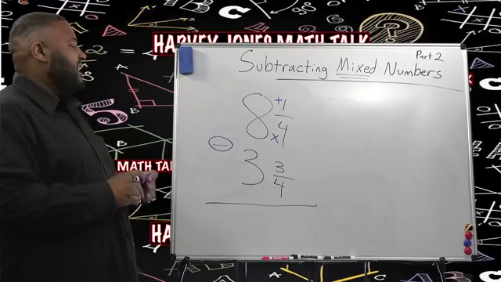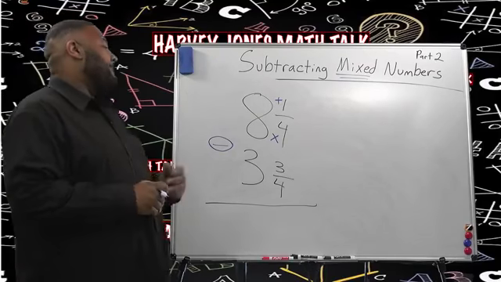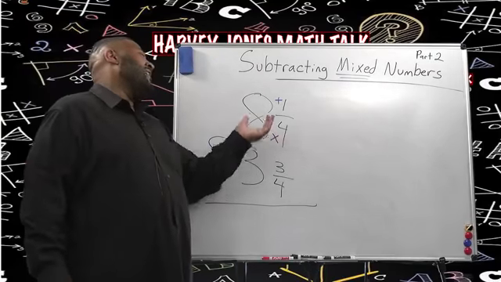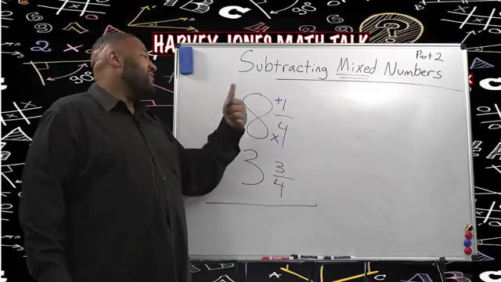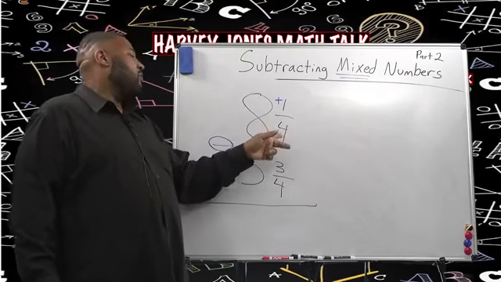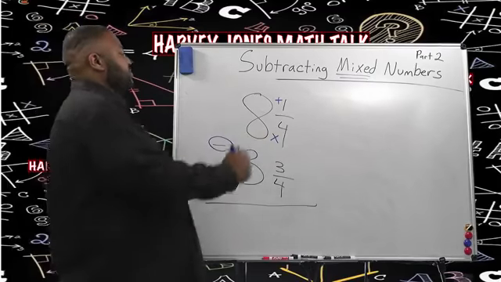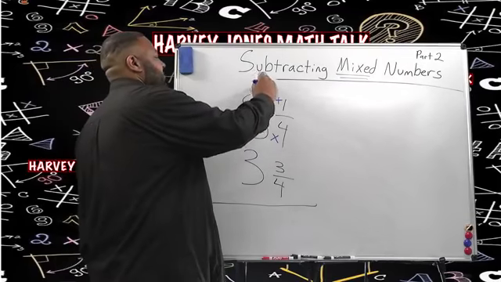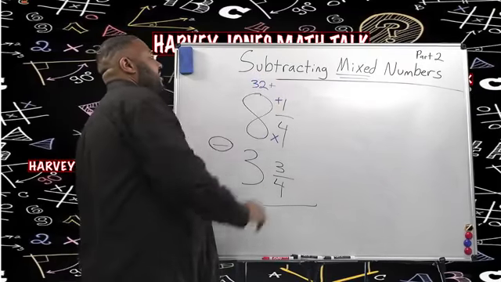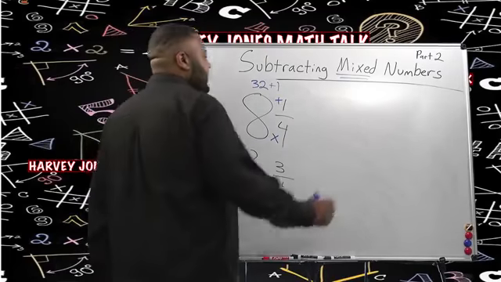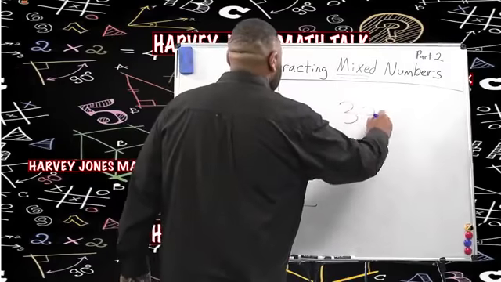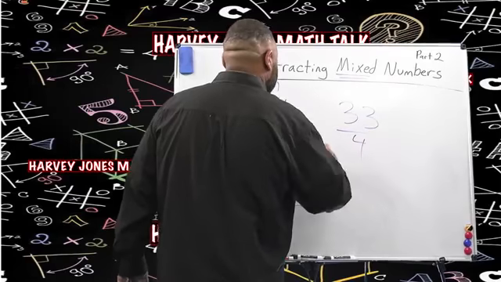And that is going from a mixed number to an improper fraction. We multiply, then we add. 4 times 8 is 32. I know my multiplication facts. Plus 1 will give us 33 fourths.